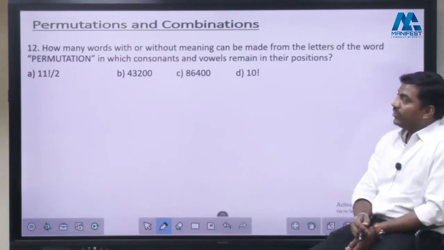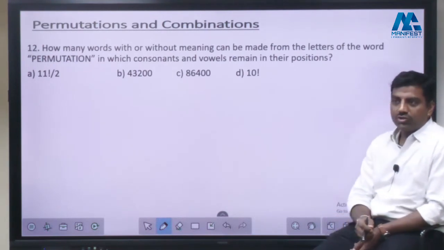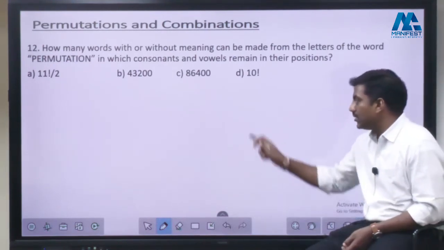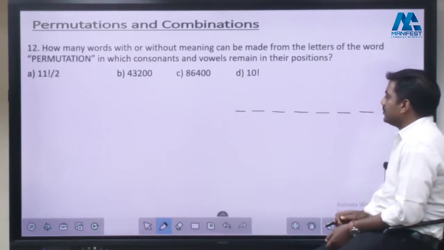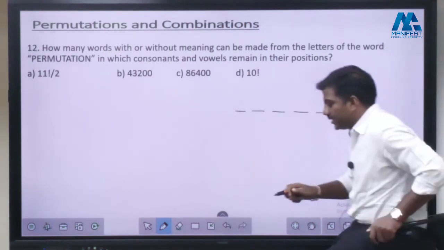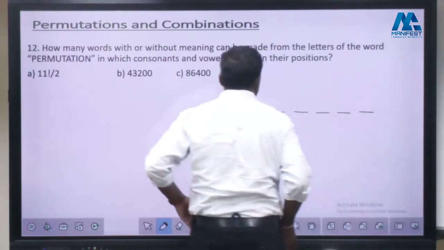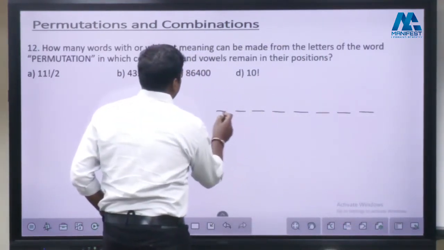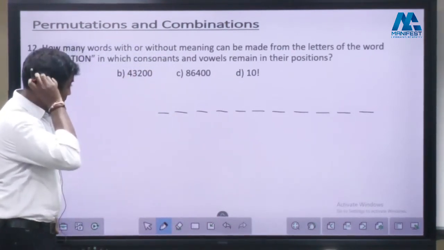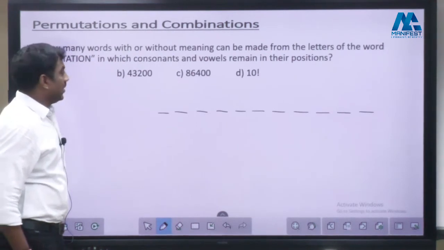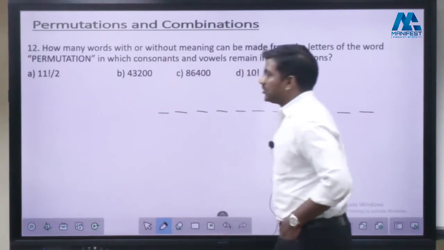Permutation. How many words, with or without meaning, can be formed in which consonants and vowels remain in their positions? Consonants and vowels remaining in their positions means they have their own positions, no? How many letters? 11. So here, what are the places of consonants?